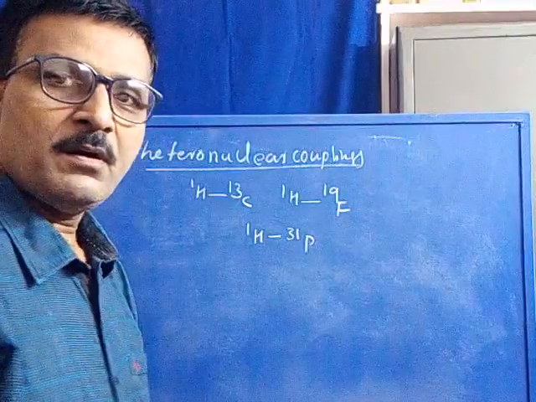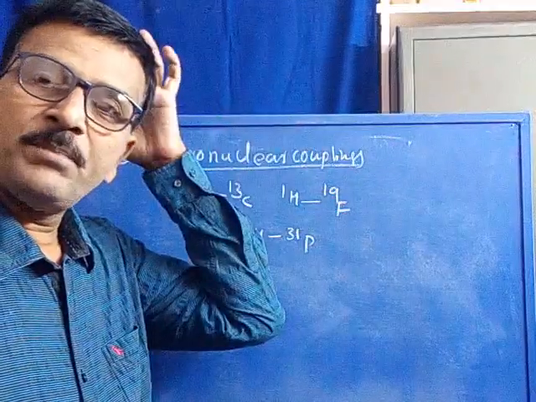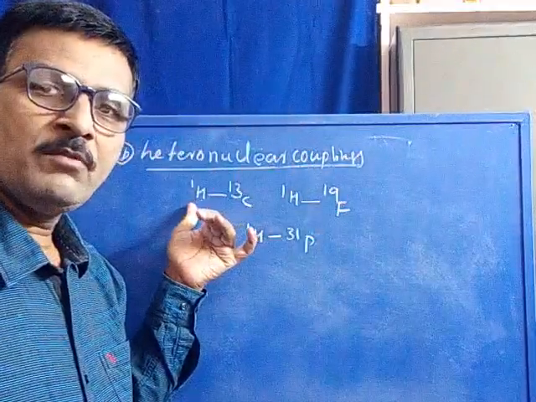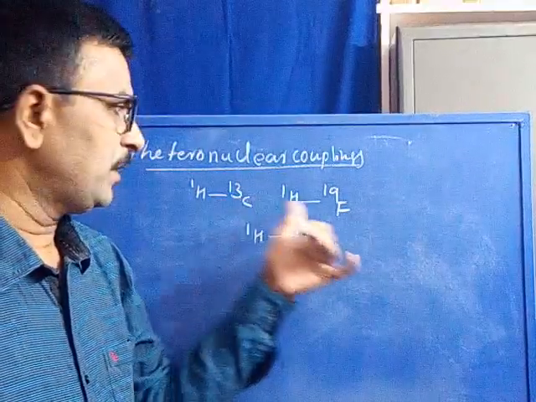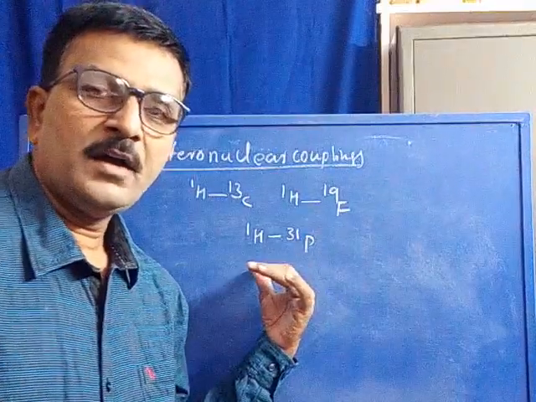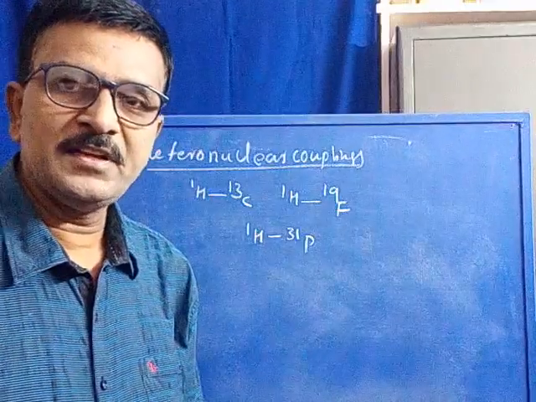You can observe in all these examples that the nuclei involved in the coupling belong to different atoms. In the first example, one nucleus belongs to hydrogen, the other belongs to carbon. Here hydrogen and fluorine, or hydrogen and phosphorus. Therefore heteronuclear coupling. Is it clear?